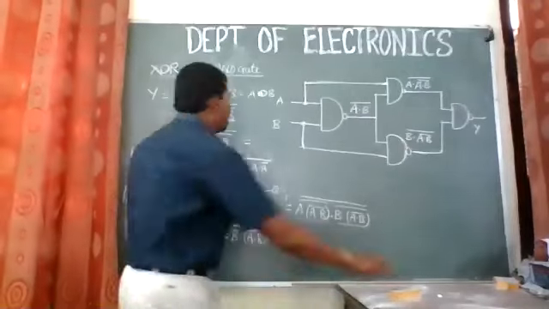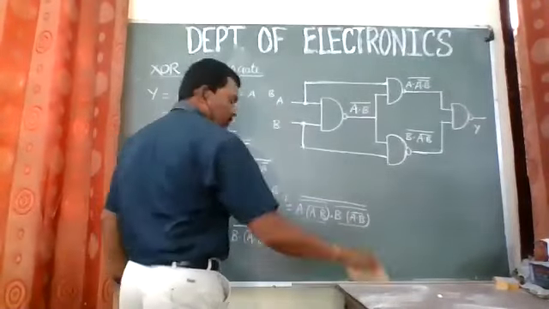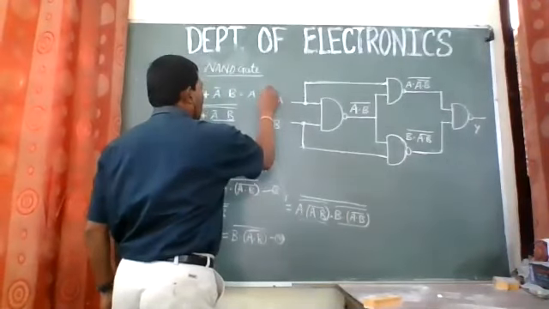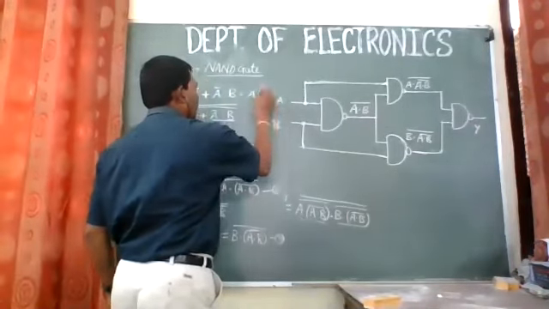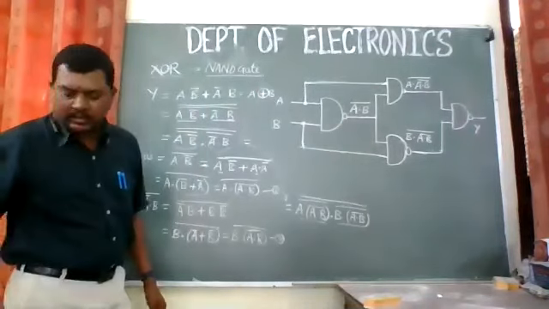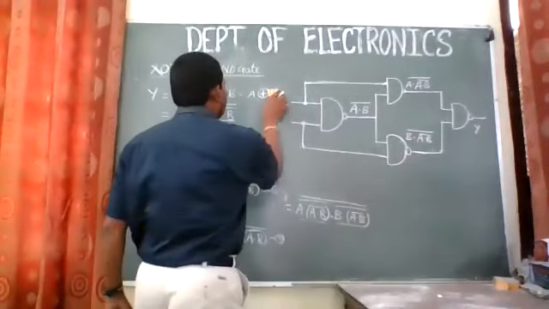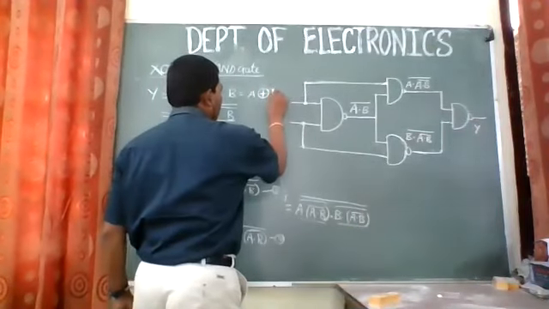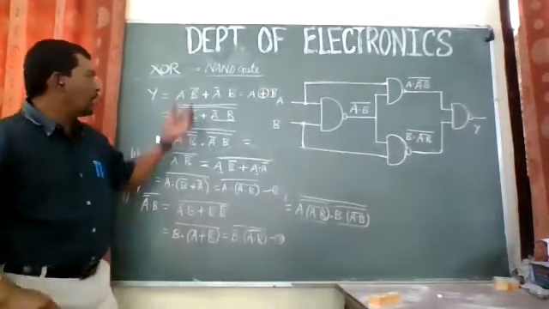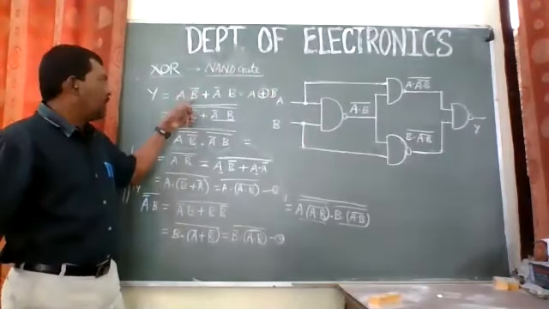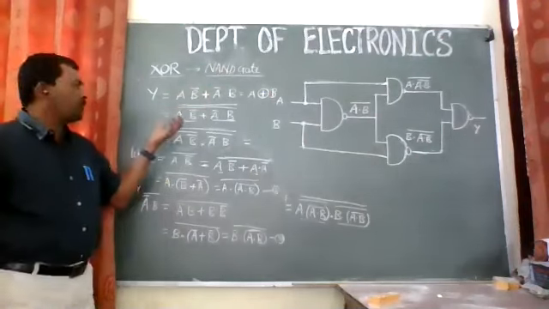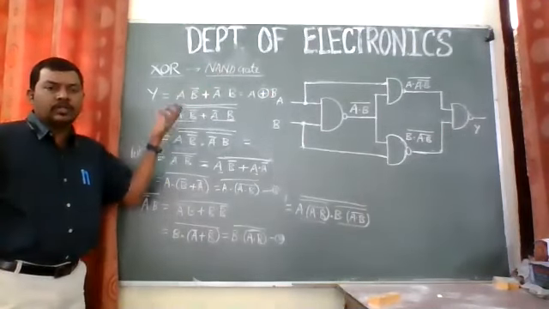I guess it is not visible again, so kindly let me know if it is not visible. It is a positive sign with a circle, and that is called the symbol of XOR. So we read it as A XOR B. But the equation is A dot B bar plus A bar dot B. Now, this equation is to be reduced in the format of the NAND gate.